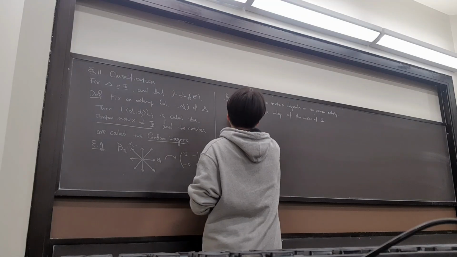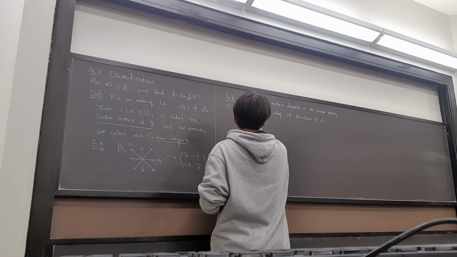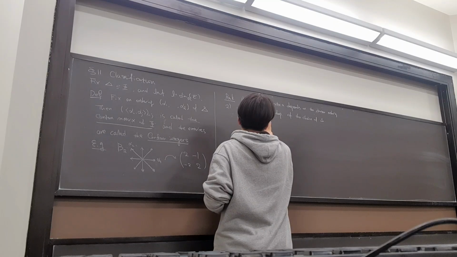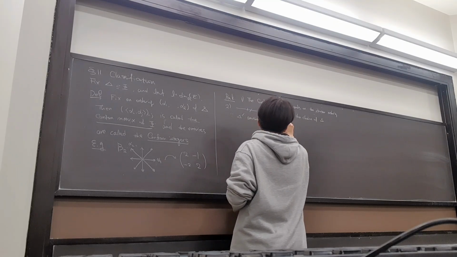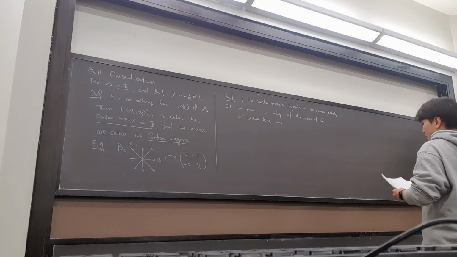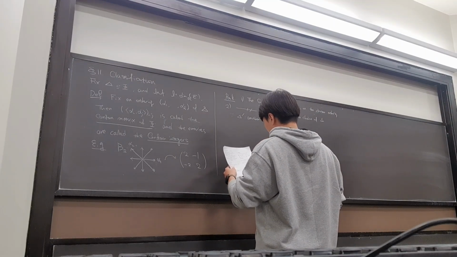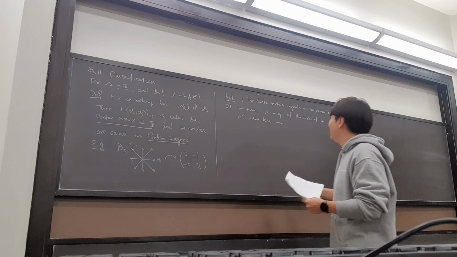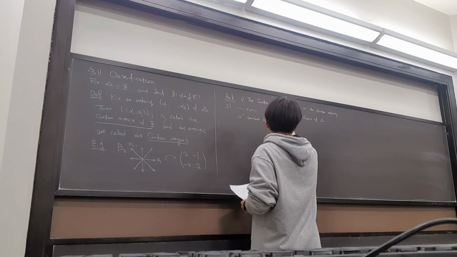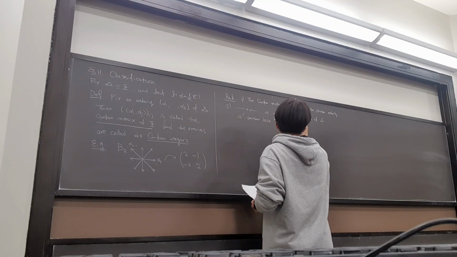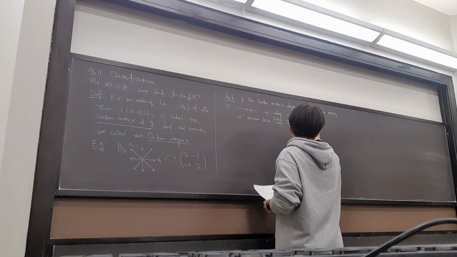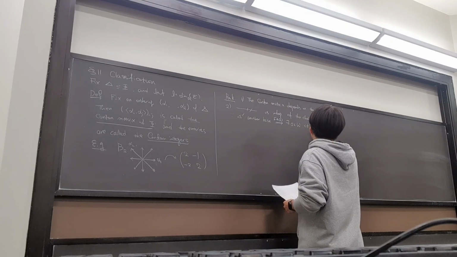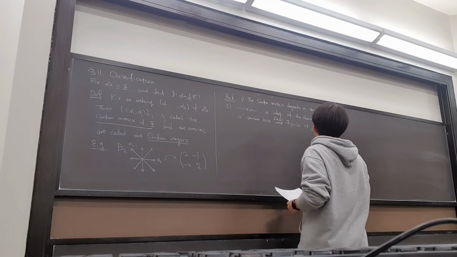That is because if Delta prime is another base, then by fact 4 of (b), there is sigma in the Weyl group such that sigma Delta is Delta prime.